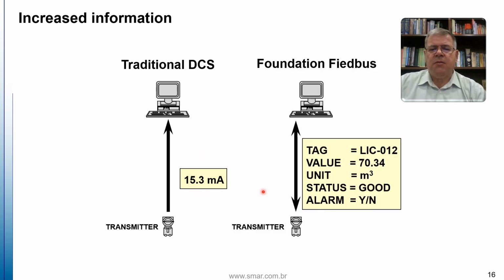In a Foundation Fieldbus system, it will send and receive important information from the transmitter. It will receive the tag, its name, the value, the unit, the status, and if an alarm exists, it will also convey the alarm. So, see the great advantage of having a fully digital system.